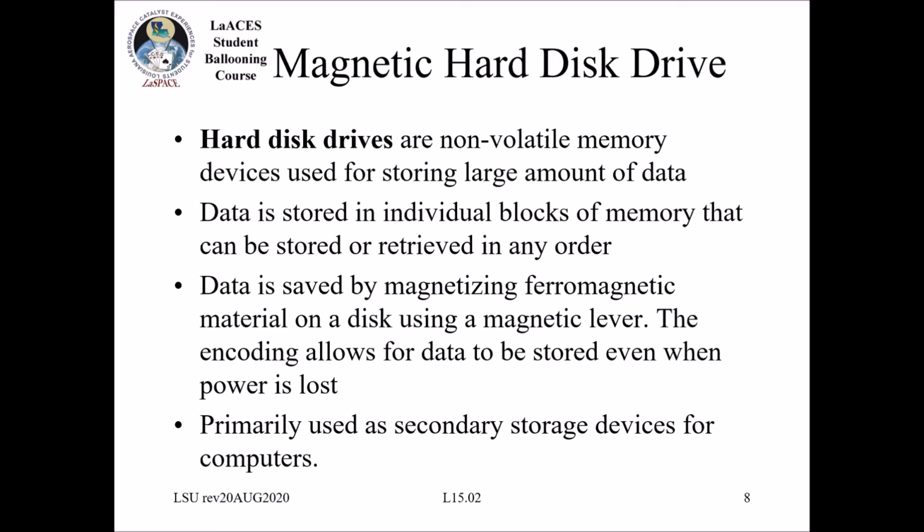How it works is you have a disk that has magnetic material on it, and a physical reader called a head moves across the disk as it's spinning. You read whether the magnetic field at that one little spot is pointing up or pointing down. And that's what gives you your zeros and ones.